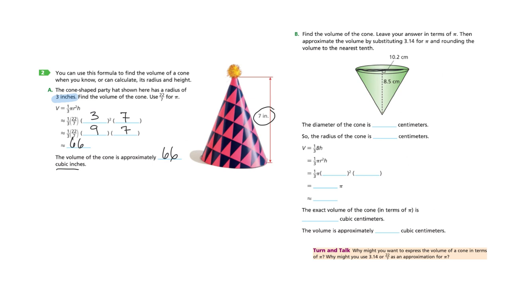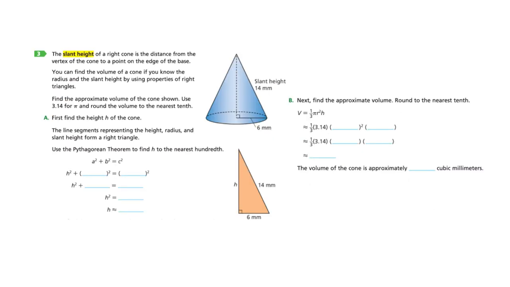So you have to think about that each time. So they tell you the diameter is 10.2 centimeters. So you know then that the radius is half of that, or 5.1 centimeters. For the rest of this, use this volume formula and just fill in the blanks and do the calculations on your own. So then once you're finished with that, we'll look at the next question.